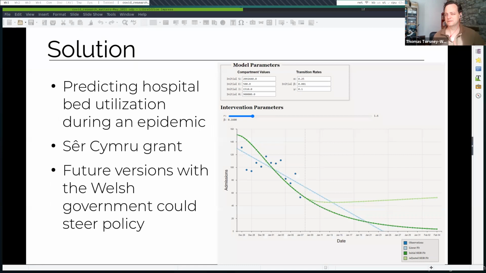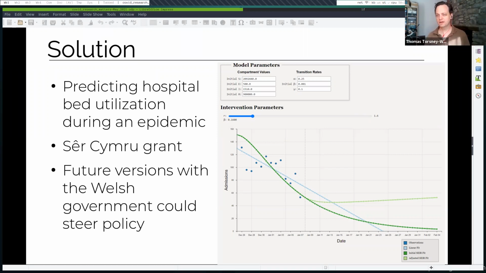To start with the solution, basically what we're trying to do is predict hospital beds, like how many hospital beds a particular hospital will need in the next 2 to 3 weeks. They have an existing way of doing this, but now there's an epidemic, if you've heard, and that's changing how they want to do hospital beds.